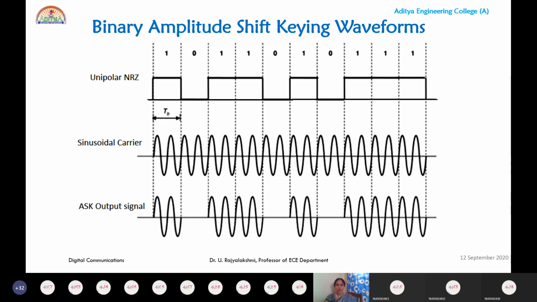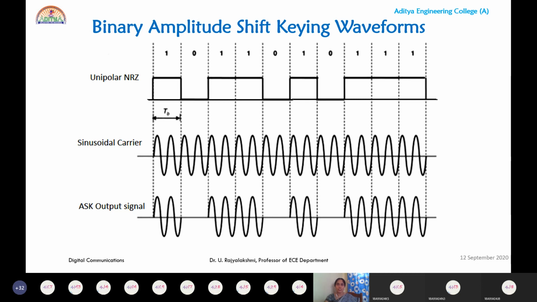Whenever we get a 0 data bit, the magnitude of the ASK signal is 0, and whenever we have data bit 1, the magnitude is the same as that of the carrier. Okay, so this is all about the ASK waveforms.